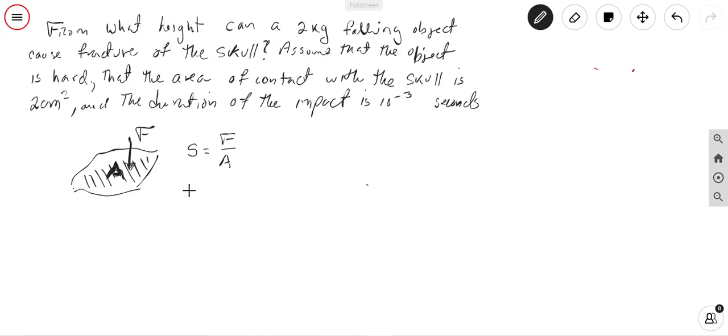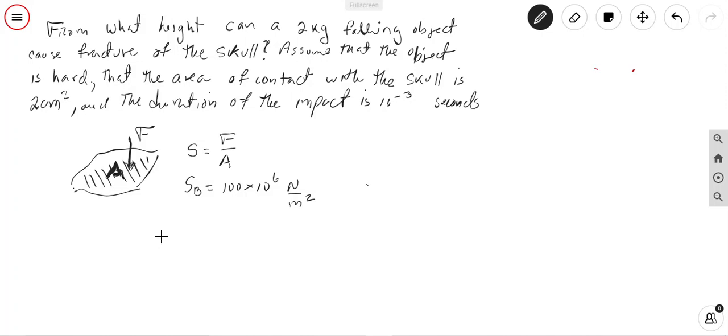If I know that the fracture strength of a bone is on the order of 100 times 10 to the 6 newtons per meter squared, which is the same as 100 megapascals or 100 times 10 to the 6 pascals, if we replace the stress by the fracture strength, we can find the minimum force that is going to cause fracture.